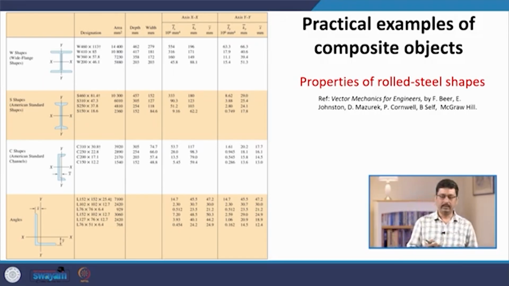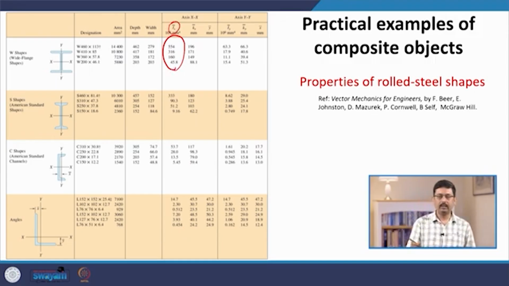This will be relevant for those of you who will be taking mechanical or civil engineering. You may encounter a list of different sections, which have different geometrical properties. It may be listed as shown here, and this is the column which gives the moment of inertia.